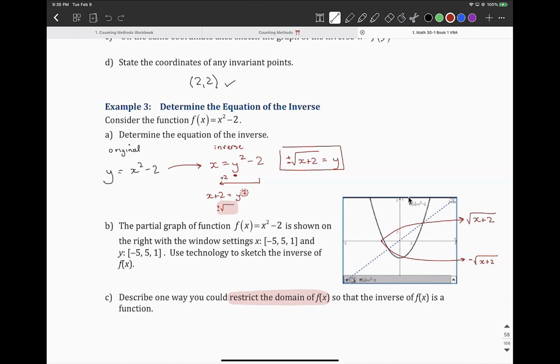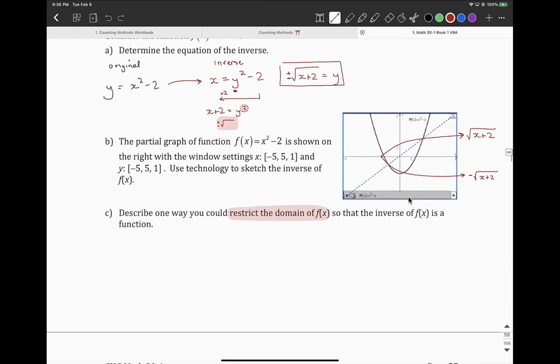So they're saying, well, let's fix this. Could we fix this? Is there a way to restrict the domain of the original so that the inverse doesn't suffer this terrible fate?